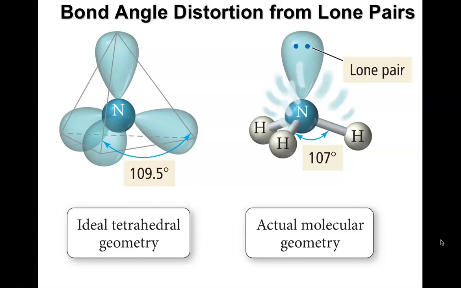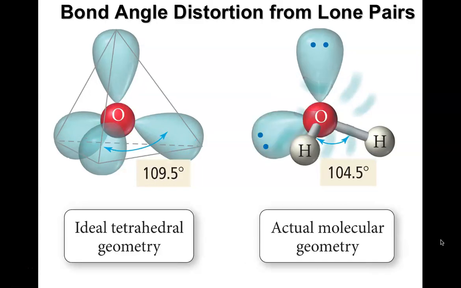So it forces the hydrogens together, which changes the bond angle down to 107, sometimes 107.5. And it gives us a shape of trigonal pyramidal. You can see a little three-sided pyramid between the N and the H's, which gives us that trigonal pyramidal shape. Questions on this one?